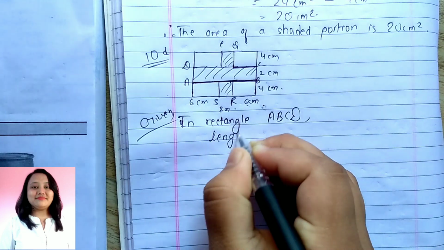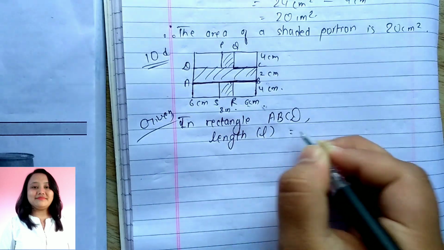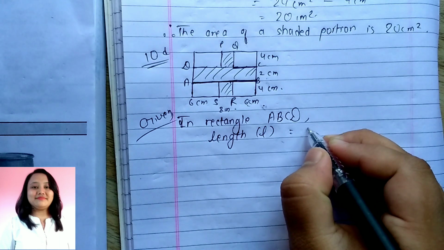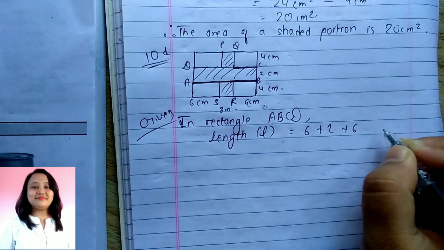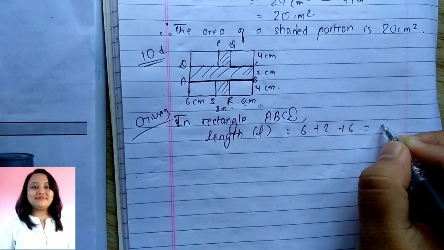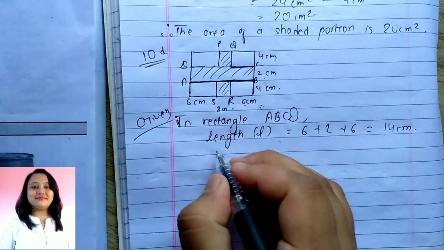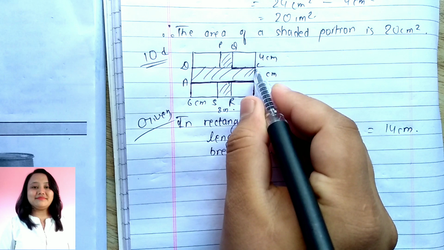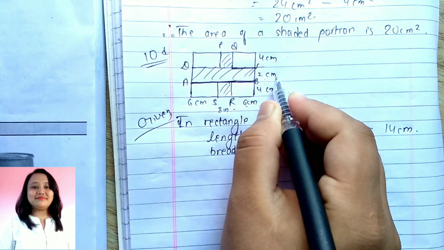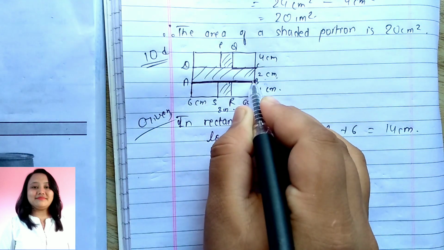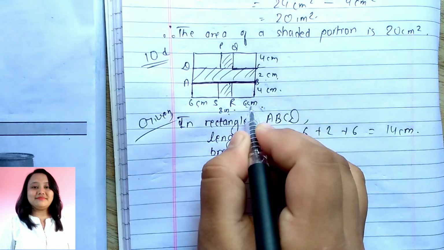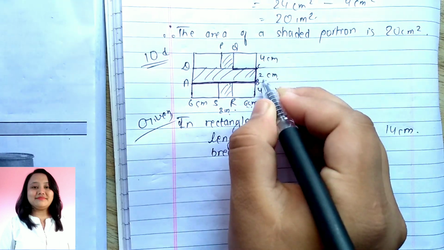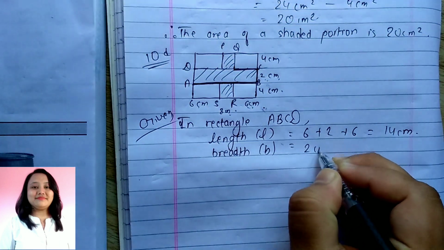Length L, from A to B, you have to add. So 6 plus 2 plus 6 equals 14 cm. And breadth, what is the breadth given? From here to here only 2 centimeter is given. Breadth will be B to C, 2 cm only.